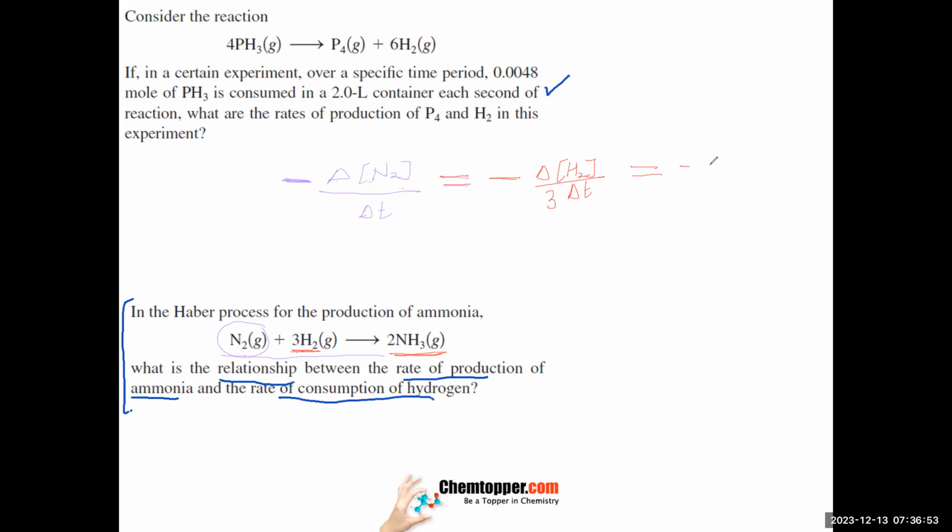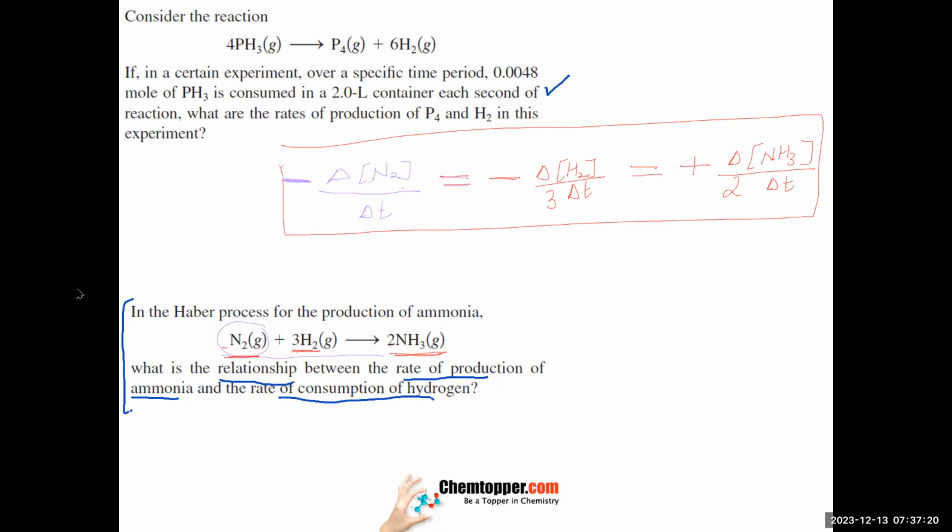Production means plus, appearing. Its concentration is increasing per unit time, but it should be divided by 2, because if 1 N2 is disappearing, 2 NH3 are appearing. So to put them equal to each other, divided by 2. So that's the relationship. That's the question.